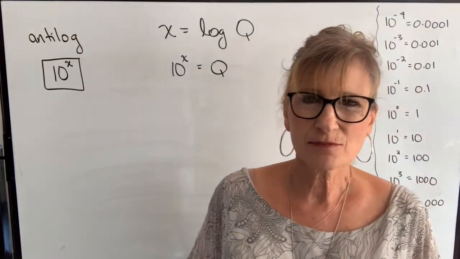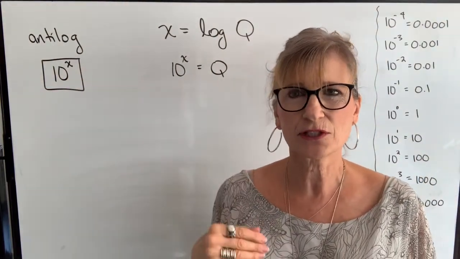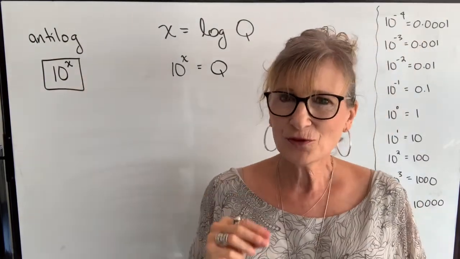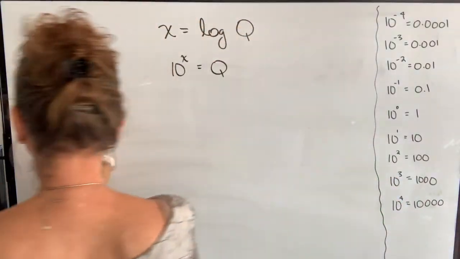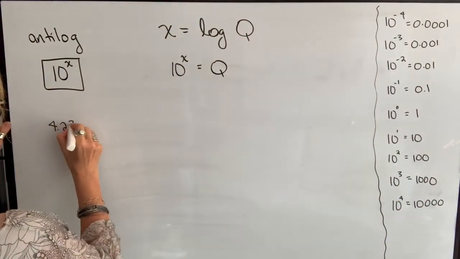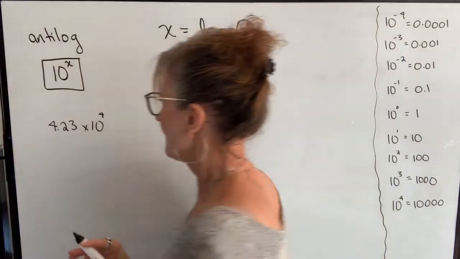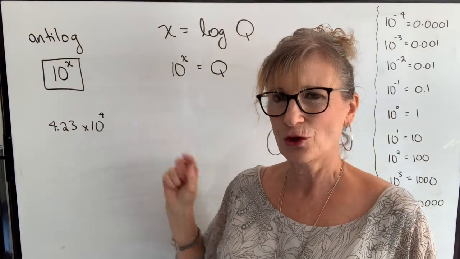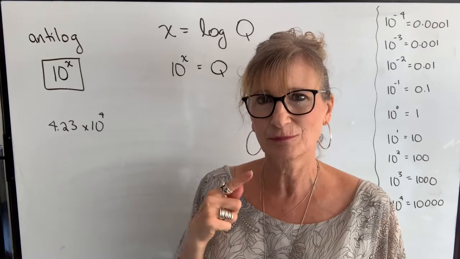A lot of students mistakenly use this when they're entering numbers in scientific notation into their calculator. They use this 10 to the x. If you do that, like if you had a number 4.23 times 10 to the 4th, if you tried using this key to put this in, your decimal point is always going to be in the wrong place by 1 place.